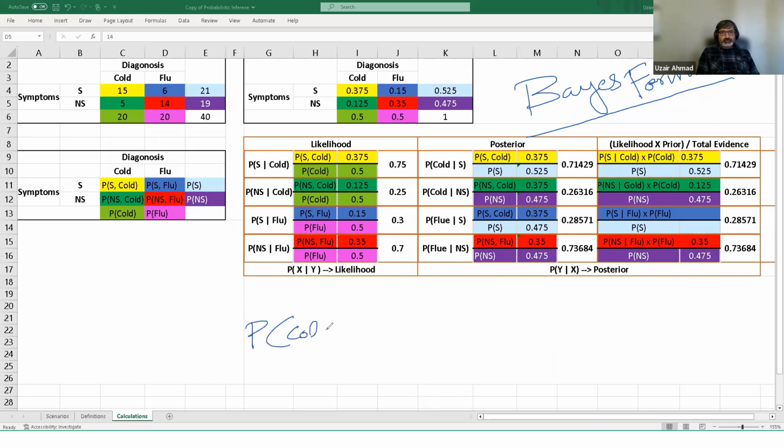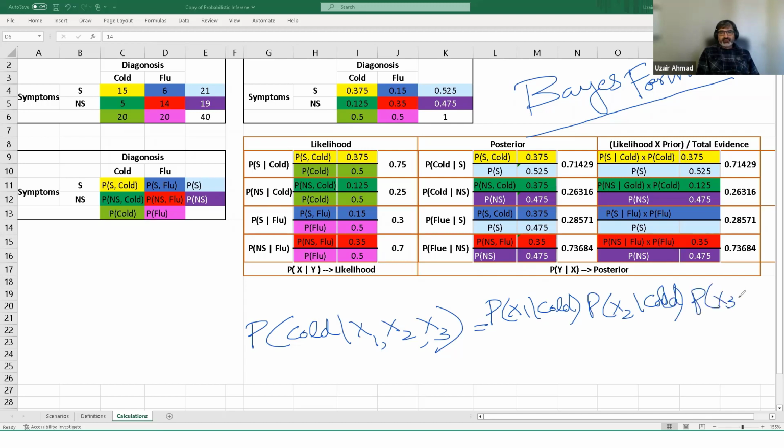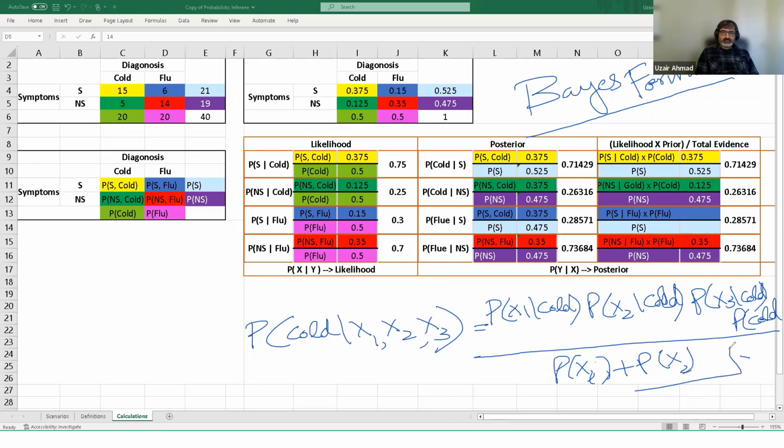Probability of cold given x1, x2, x3, as many inputs as you have, will be equal to probability of x1 given cold, multiplied by probability of x2 given cold, multiplied by probability of x3 given cold, multiplied by probability of cold, divided by probability of x1, x2, x3, whatever the inputs we have, their marginal probability, the total evidence.